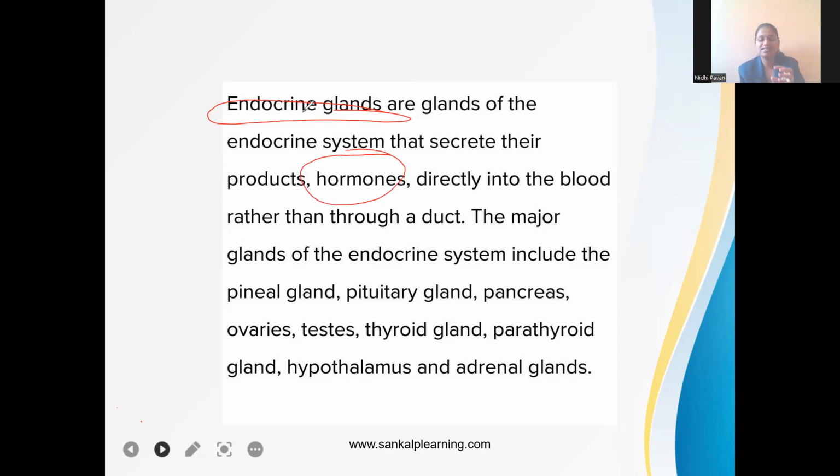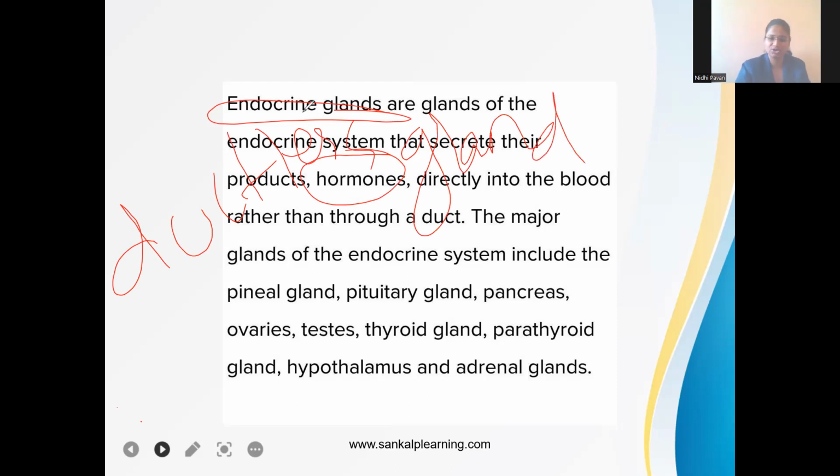They will not release them in some other juice or fluid and then it comes to the blood. Not like that. These glands release their hormones directly into the blood. So these are called ductless glands. Endocrine glands are called ductless glands. They do not need any special fluid to carry their secretions.